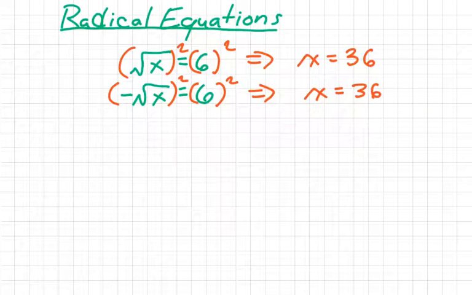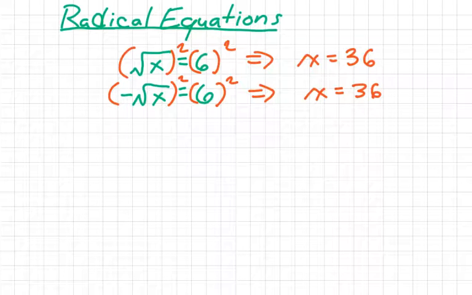So the big takeaway here is when you square something in the process of solving, you're losing that plus-minus information. It's actually going to give you both solutions for the plus case and the minus case, and you're going to have to check to see which one works.